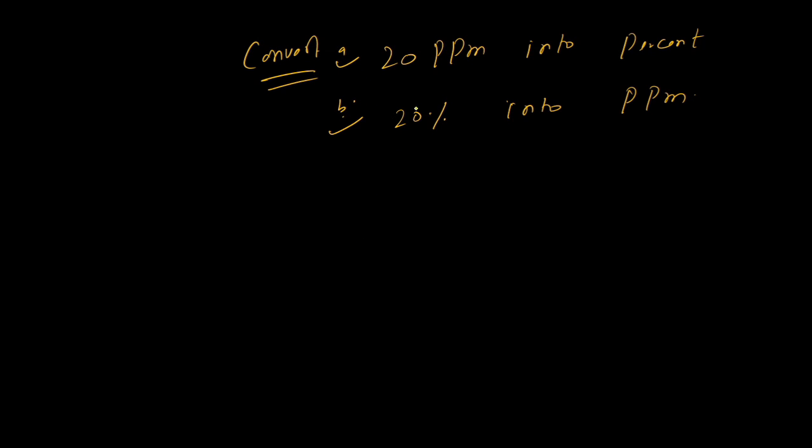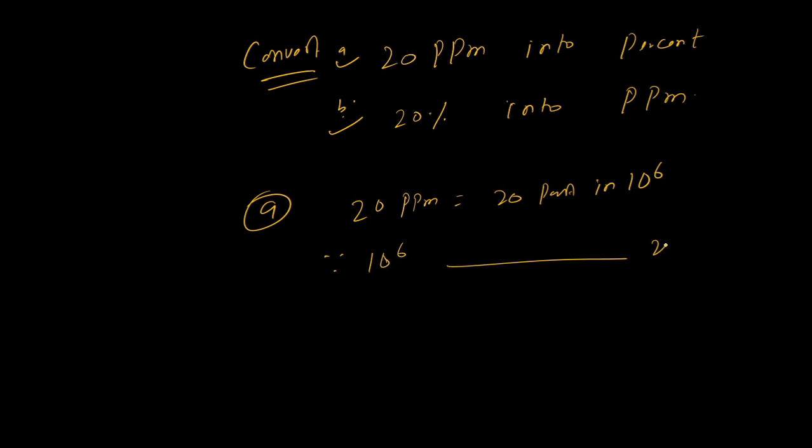As you know, 20 ppm means 20 parts in 10 power 6. Since 10 power 6 parts of solution have 20 parts, one part will have 20 upon 10 power 6.